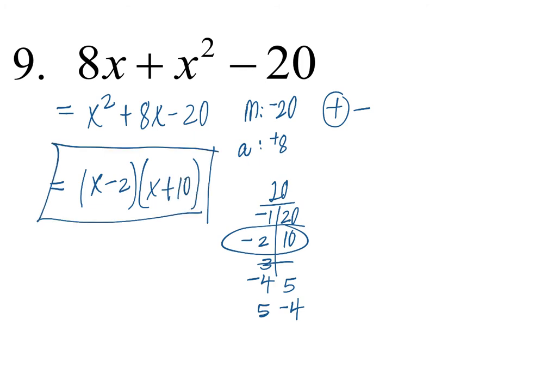And do remember, you can check these answers by foiling these binomials back out, and you should get what you started out with, x squared plus 8x minus 20.